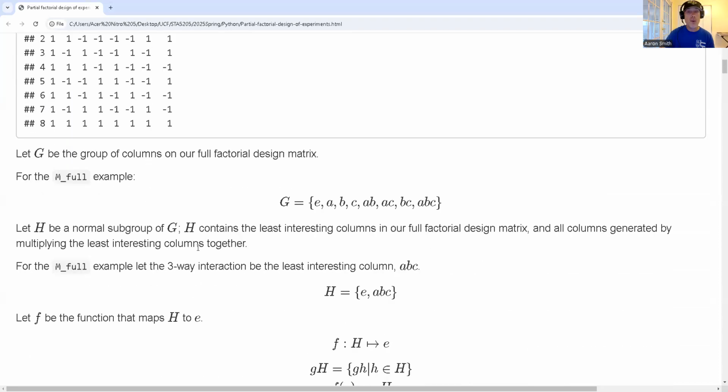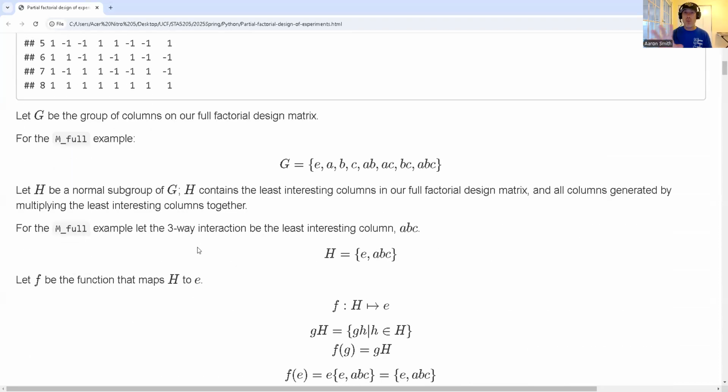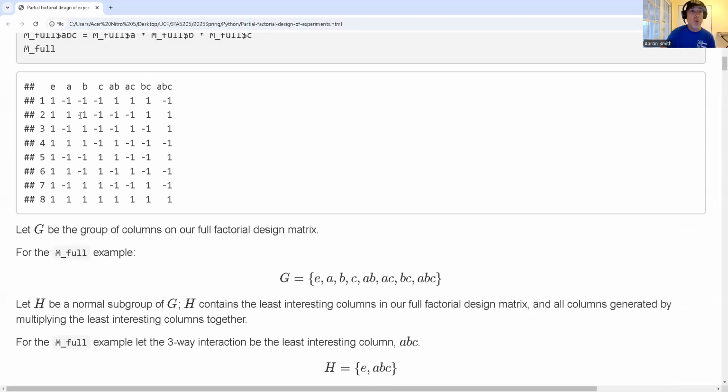All right, so let's think about this now from more of an abstract algebra point of view. Notice that I went through and I multiplied entry-wise for each vector. Okay, so I took A times B and I got this column. I took A times C and I got this column. I took B times C and I got this column.